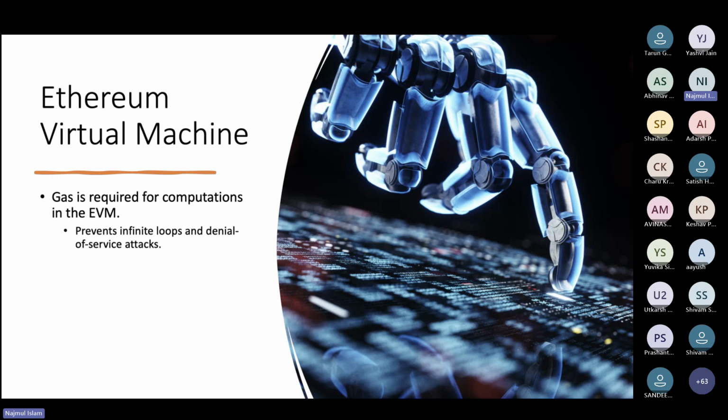Gas is required for computations in the EVM. Because you pay, it prevents infinite loops and denial of service attacks. You need to have the gas, so you cannot have infinite loops. You will be out of gas. And if the computation is more, then you need to pay for more gas.